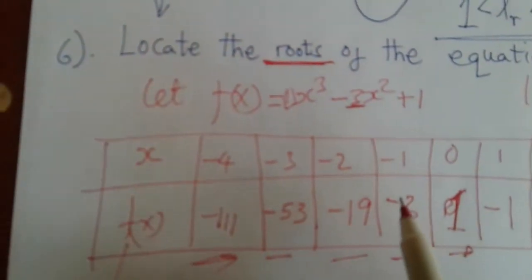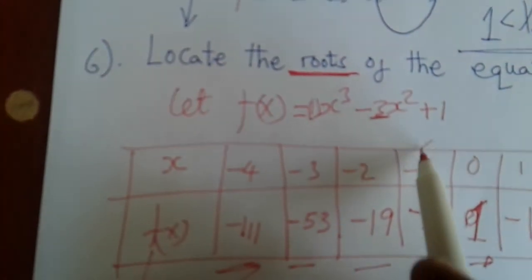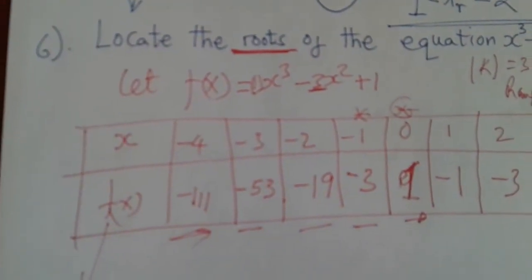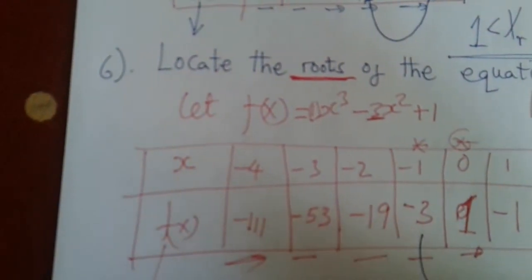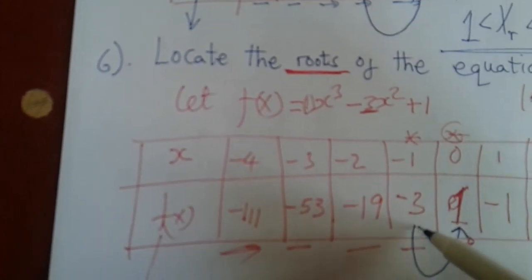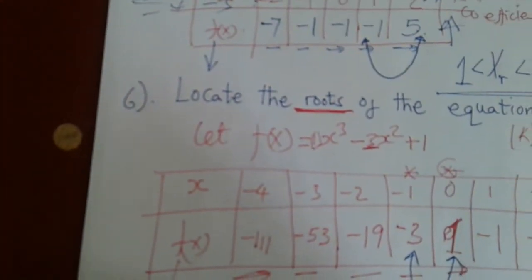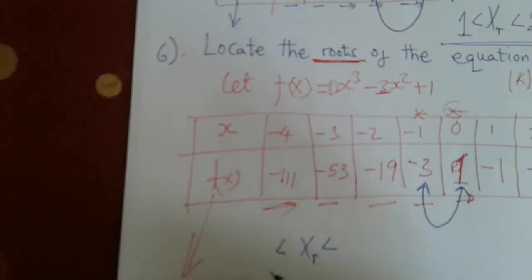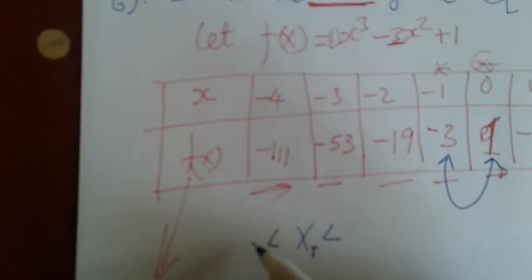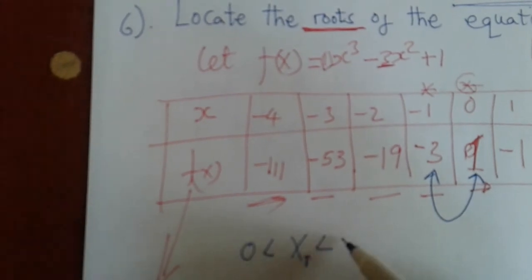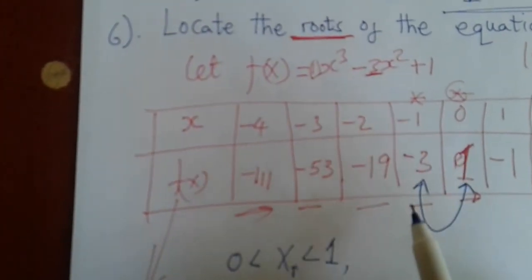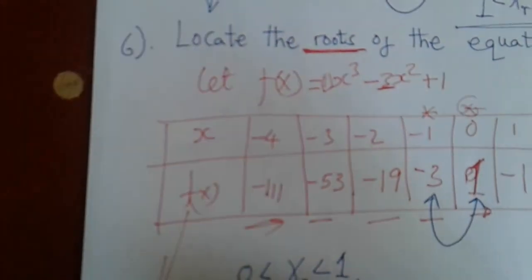So there is a change of sign between -1 and 0. So that will give us the first range, where the first root lies.